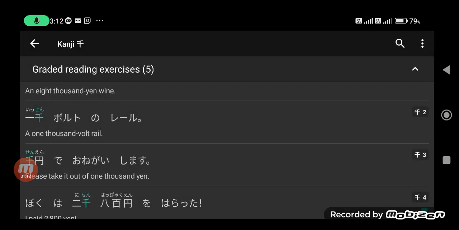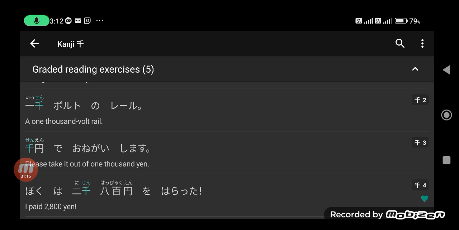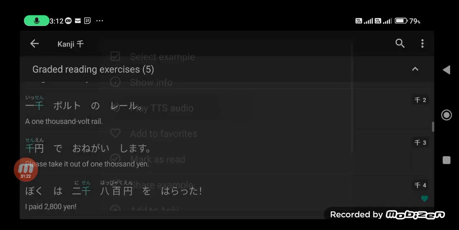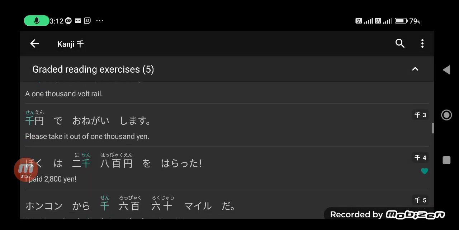But sometimes the rail is also called tetsudo, or a road made of iron. Tetsudo. Please take it out of 1,000 yen. 1000円でお願いします.